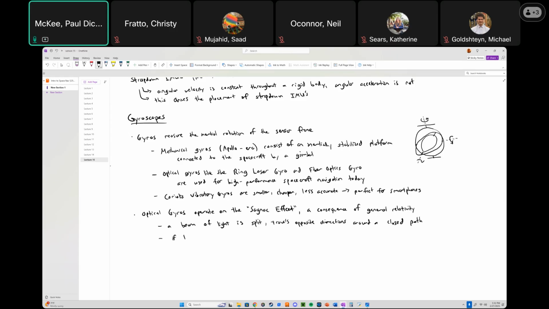If the path is rotating, light has to travel longer in one direction.